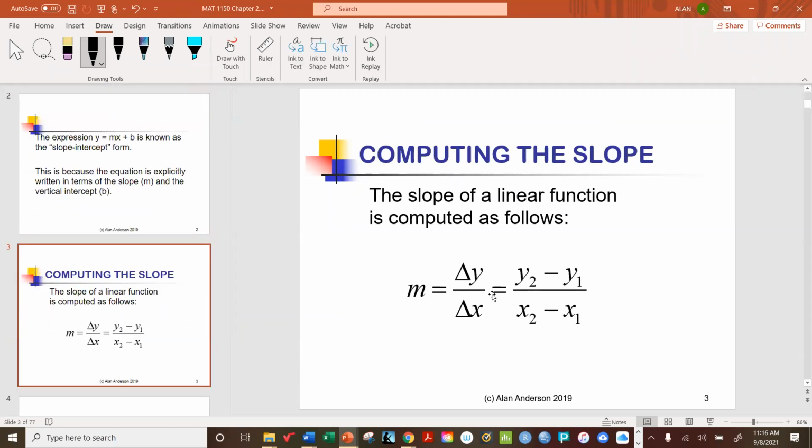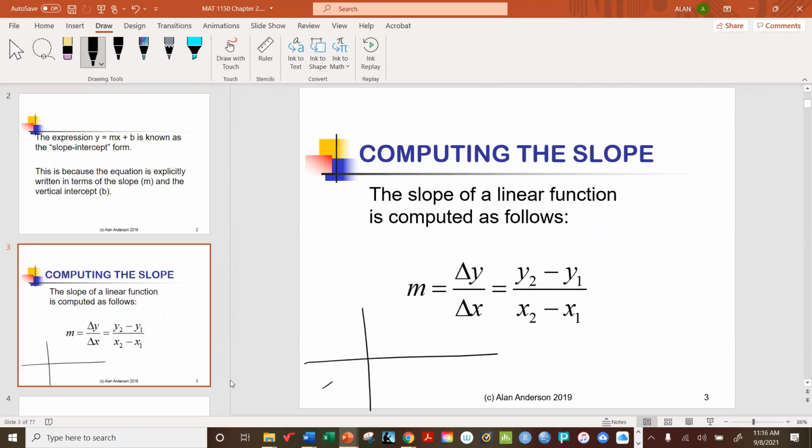And we saw this earlier. For any 2 points on a straight line, we can easily calculate the slope as the change in the y's over the change in the x's. So there will be 2 points, and we'll arbitrarily choose one of them to be point 1 and the other one will be, of course, point 2. It doesn't really matter which is which. We'll still get the same result.